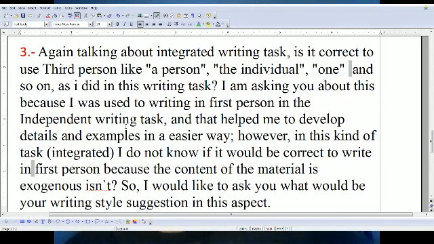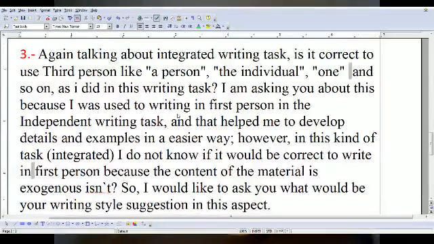I think do not, okay, I'm going to say this. I'm looking at you right now. Do not use the first person singular in the integrated writing tasks, right? So don't do that. That's not a good idea because in integrated writing, you're summarizing.